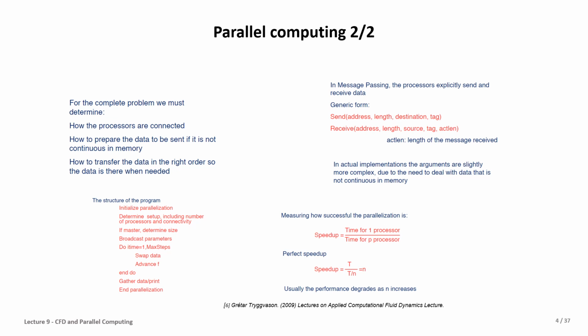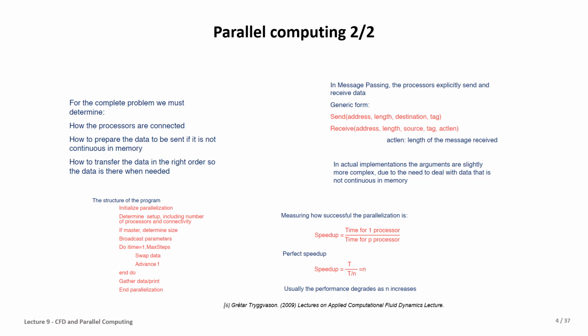In message passing, the processors explicitly send and receive data. The general form is the send and receive with some detail. In actual implementation, the arguments are slightly more complex due to the need to deal with data that is not contiguous in memory.